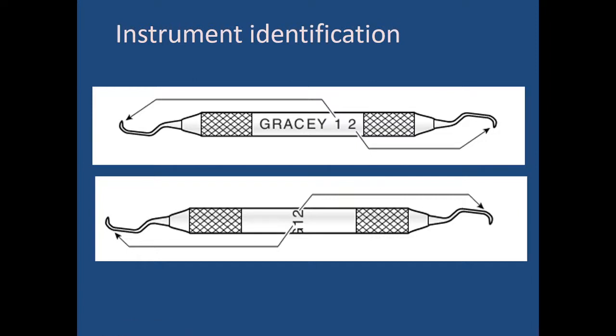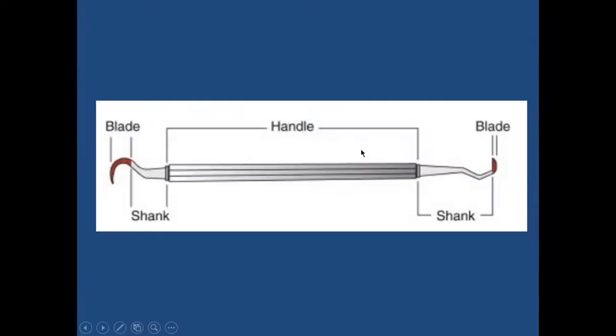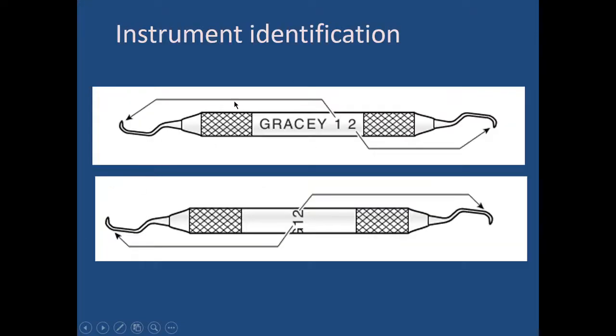First of all, we need to identify the instrument. How can we identify the instrument? The instrument is composed of a handle, a shank and a blade. The identification of the instrument is written on the handle like this. For example, it is a Gracey.